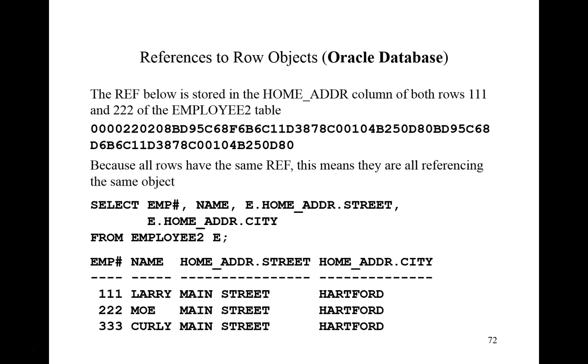And when we run this query, we get the following information showing that Mo, Larry, and Curly all reside at the same location, the same street address, and the same city.